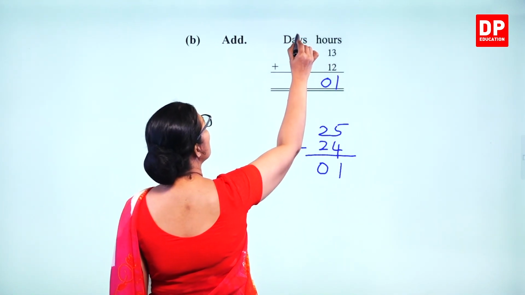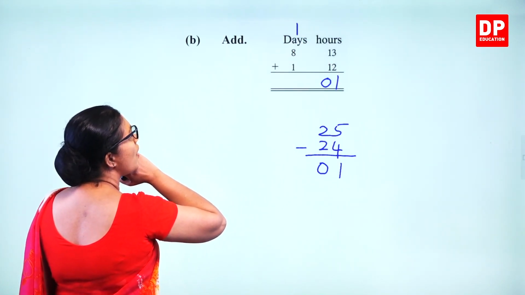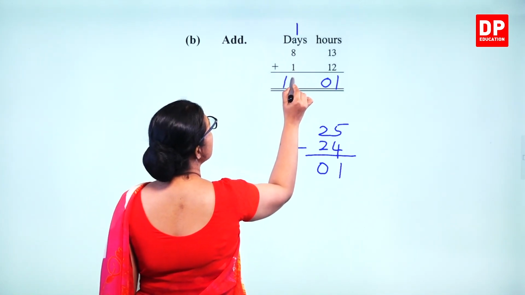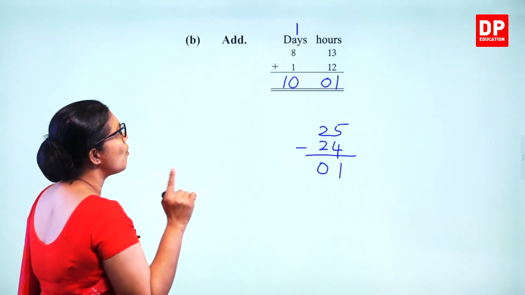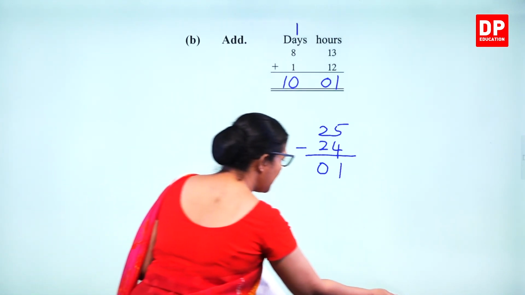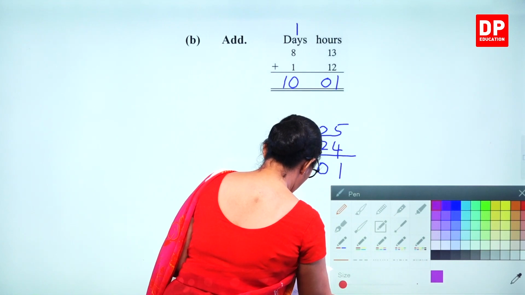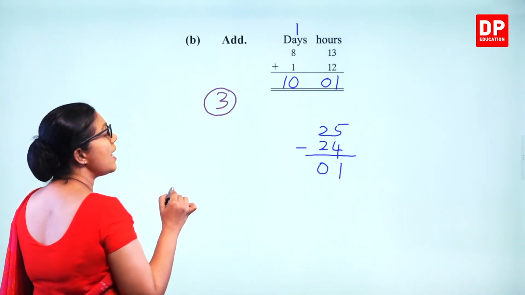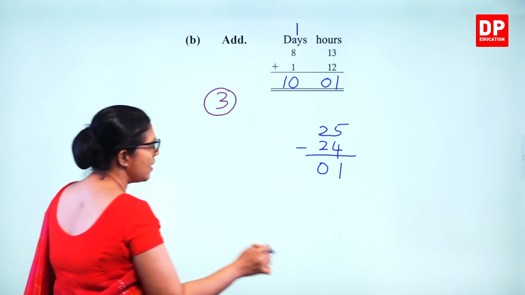You have to take 1 day here. 8 plus 1, 9. 9 plus 1, 10. So 10 days, 1 hour. And how many marks? 3 marks. So earlier we gave 8. 8 plus 3, 11 marks.